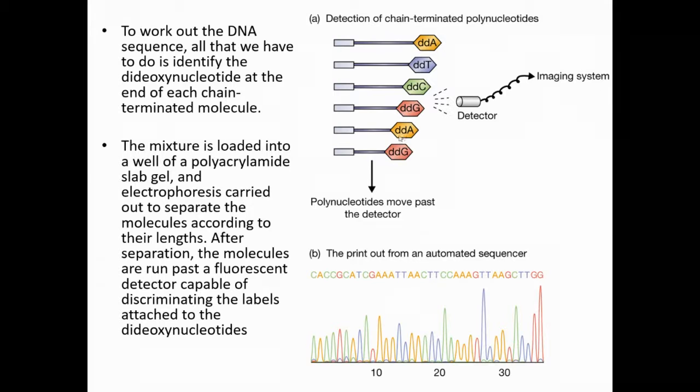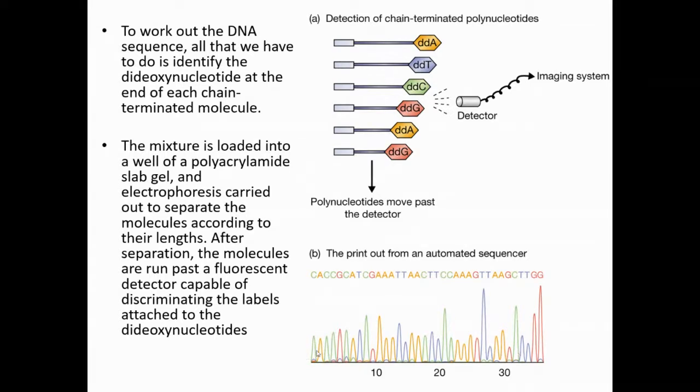So after you perform the reaction, each dideoxynucleotide gives you a different color of fluorescence, and they give you different lengths. Then they sort these fragments based on their length and run the gel electrophoresis, going through a machine with an imaging system that can detect the fluorescence, so they can read the color.